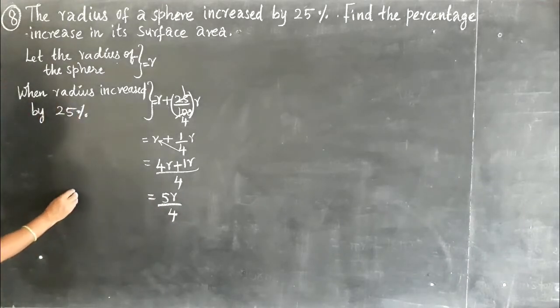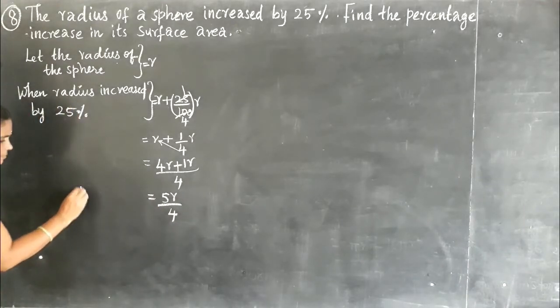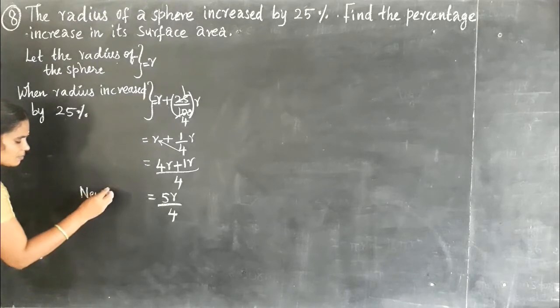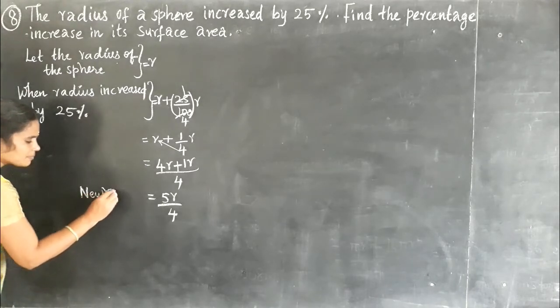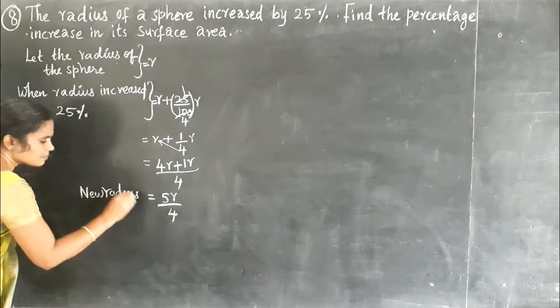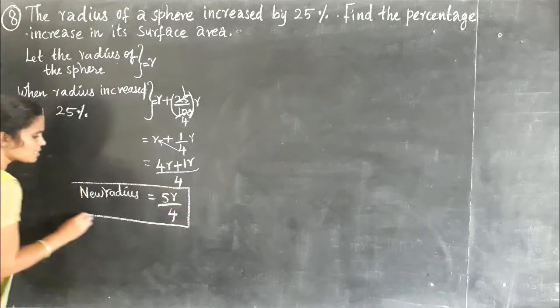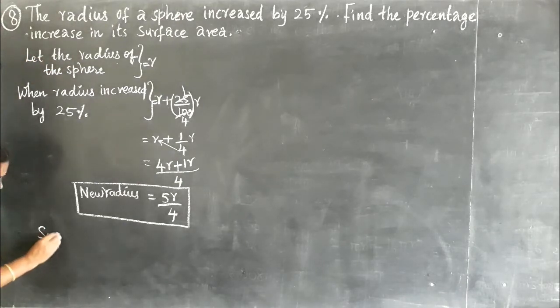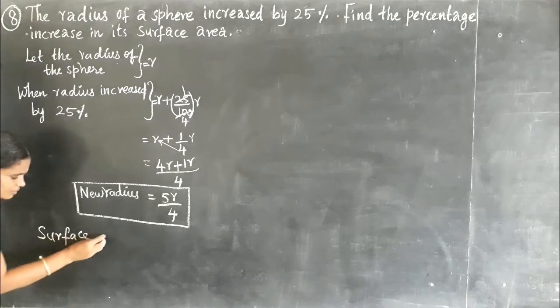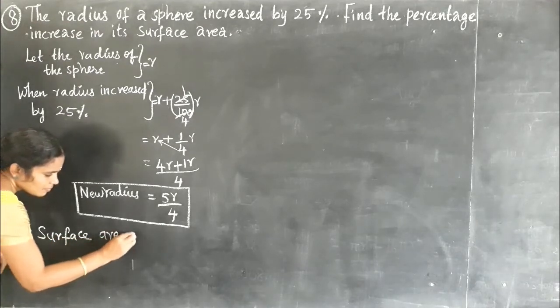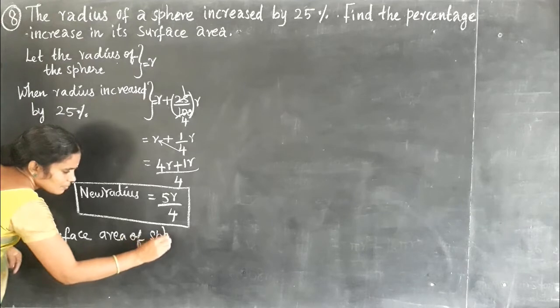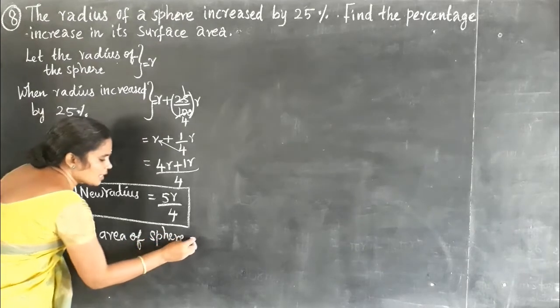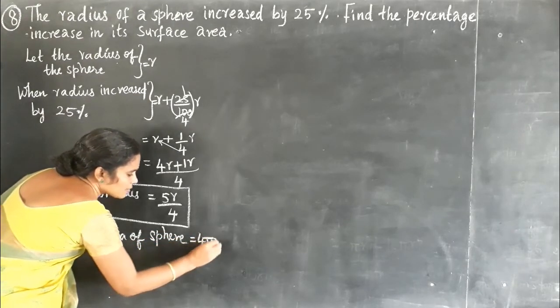A new radius, and it is increased by 25%. New radius is equal to 5R by 4. And when the radius of the sphere is R, surface area of the sphere is equal to 4 pi R square.